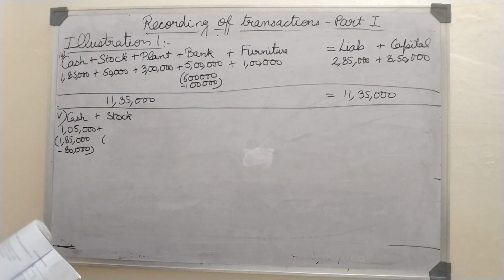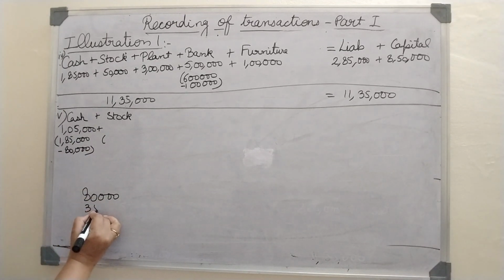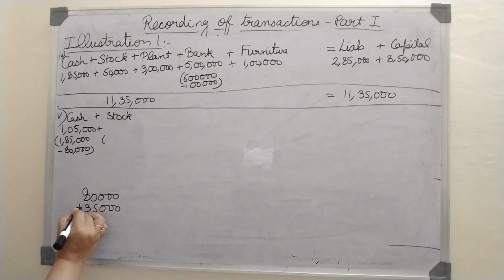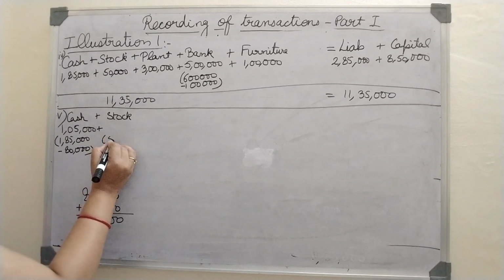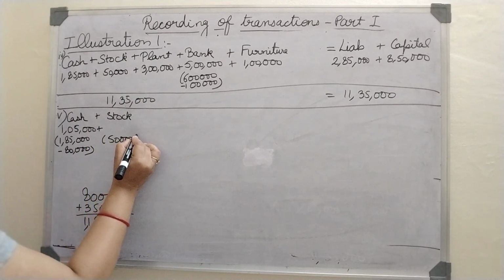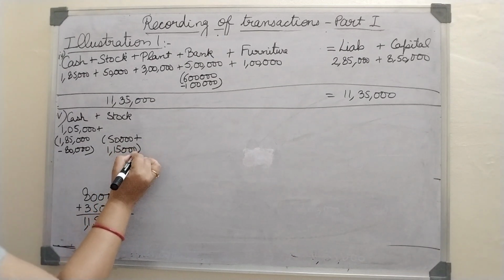Now I have purchased goods for 80,000. So not only 80,000, I have purchased for 80,000 plus 35,000. Okay, so it will become 1,15,000. So actually in this 50,000, 1,15,000 should be added.